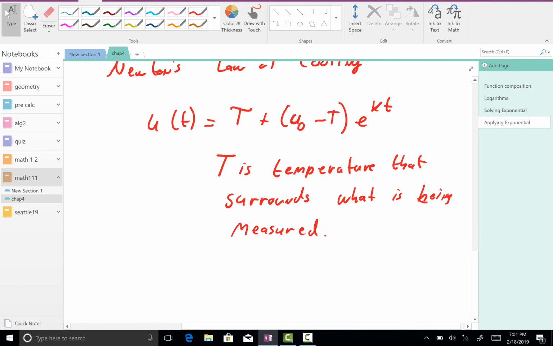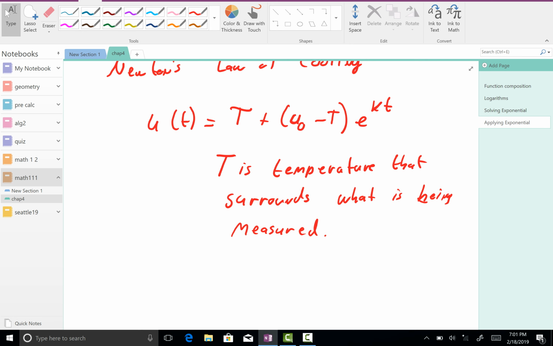Basically what they're saying is, let's say a number of you have some drinks in here. Whether you've got something hot in there or something cold in there, you have it sitting on your table and you're drinking from it. So the temperature of this room would be T because it's affecting your drink, right?